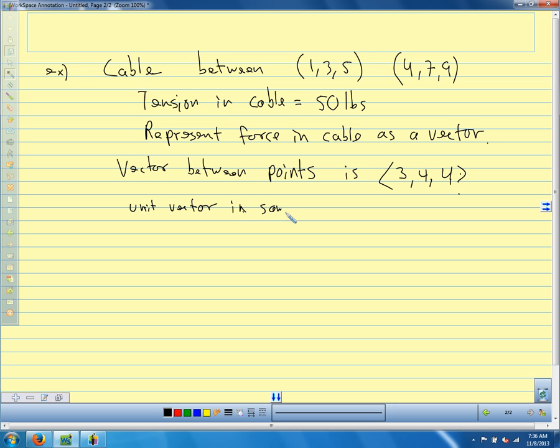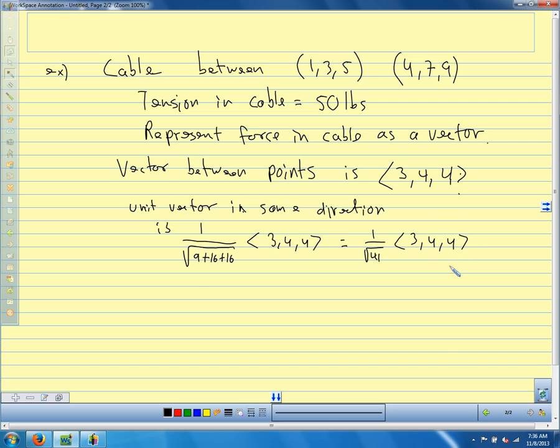And now we're going to normalize it, so we need a unit vector in the same direction. I'm going to divide this by its magnitude, so 1 over the square root of 9 plus 16 plus 16 times this vector. So my unit vector is 1 over the square root of 41 times (3, 4, 4).